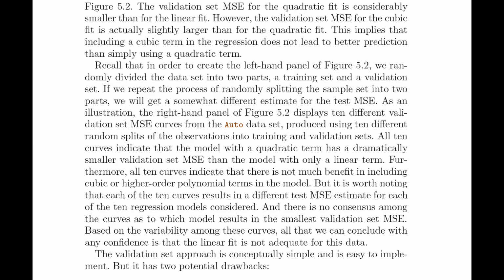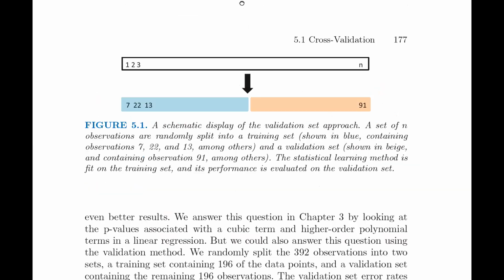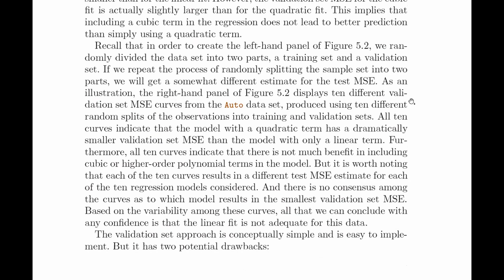If we repeat the process of randomly splitting the sample set into two parts, we will get a somewhat different estimate for the test mean square error. As an illustration, the right-hand panel of figure 5.2, which we were discussing earlier, displays 10 different validation set mean square error curves from the auto dataset, produced using 10 different random splits of the observations into training and validation sets.